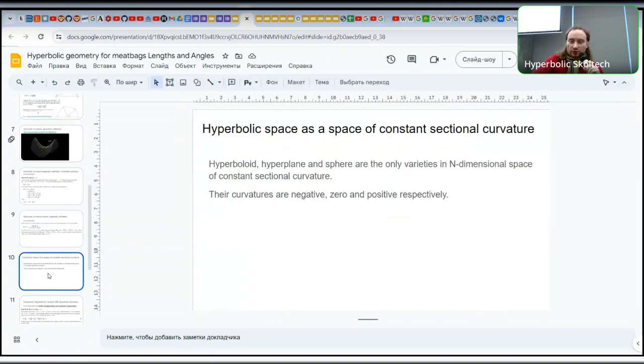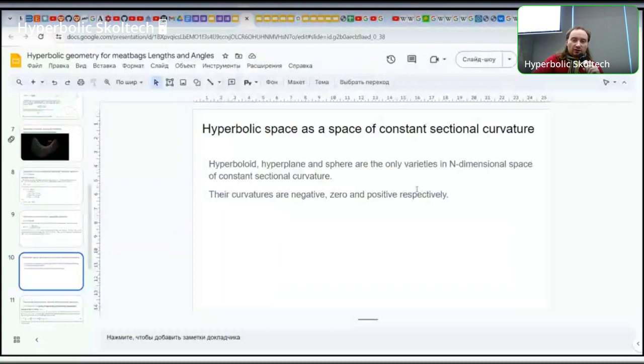And so there are just hyperboloid, hyperplane, and sphere. And they have negative, zero, and positive constant sectional curvature respectively.